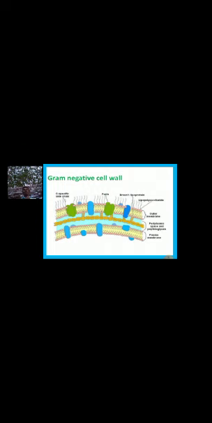The peptidoglycan of gram-negative bacteria is located between the plasma membrane and an outer LPS membrane. This LPS membrane is similar to the plasma membrane but is less permeable, and is composed of lipopolysaccharide, LPS. And this is the gram-negative cell wall structure.